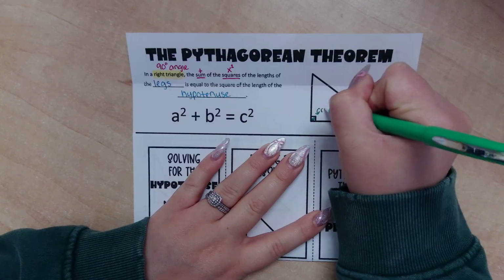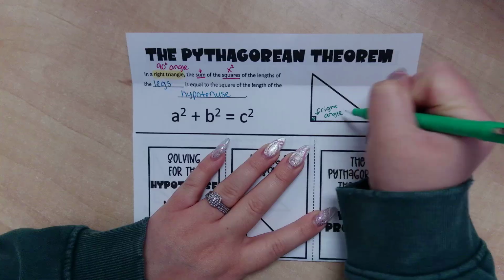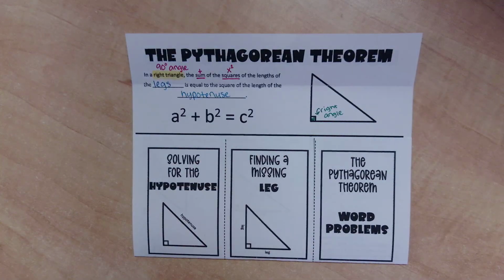So we're going to label it right angle. And the reason this theorem only works, now there's obviously way more in-depth reasoning, but the reason that we're going to cover is that the right angle creates straight lines, okay? And we call those lines the legs.